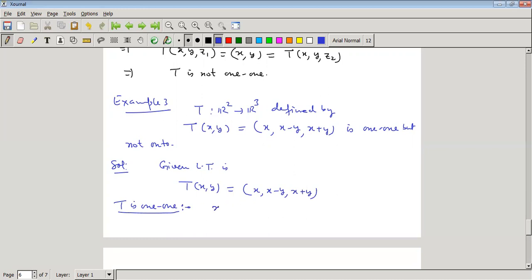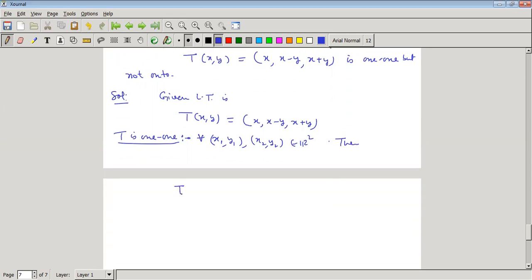We can take any x1, y1 and x2, y2 belonging to R2, then T of x1, y1 is equal to T of x2, y2.